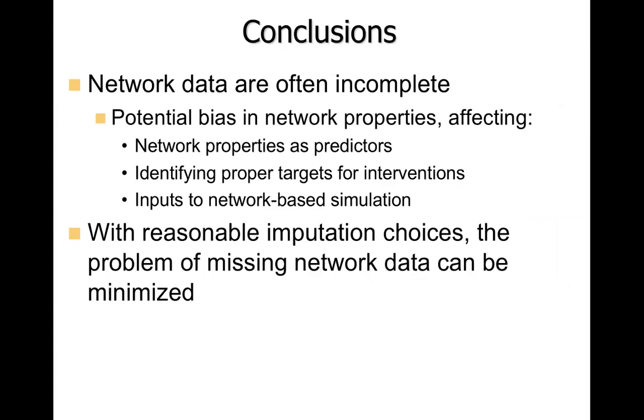It also has implications for identifying proper targets for an intervention, so figuring out who is the most central actor, as well as using it as inputs to network-based simulation. But I hope I've convinced you that with reasonable imputation choices, and they're not that hard to implement, you can greatly reduce the problems of missing network data. So it's worth doing even simple imputation in most cases.